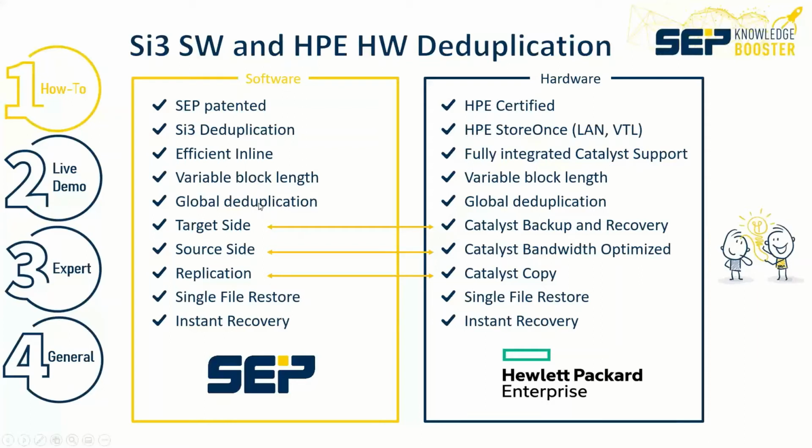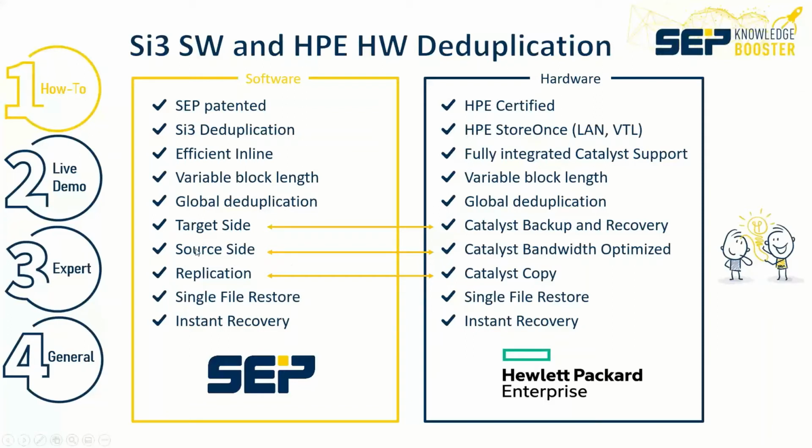They both are based on global deduplication, and we call it target side if it's done in the backup server. Here we call it Catalyst backup and recovery if we transfer the data to the dedup appliance and let the hardware do the work or let the backup server do the work.